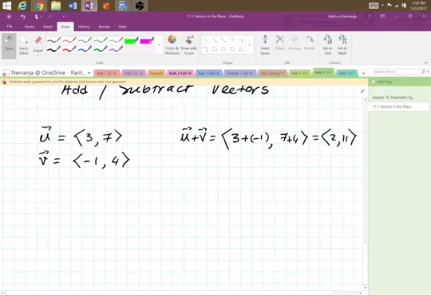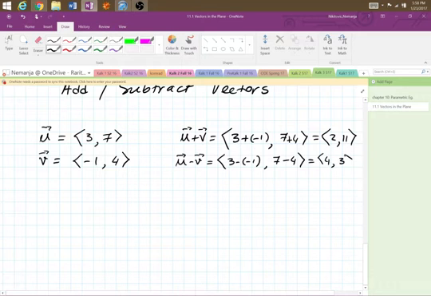And let's do U minus V, which will be 3 minus negative 1, comma 7 minus 4, and this is 4, 3.